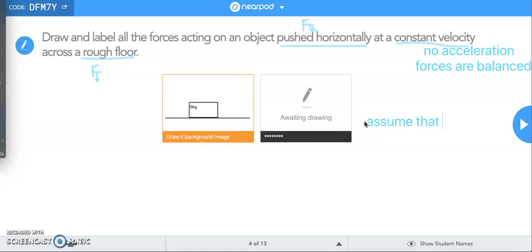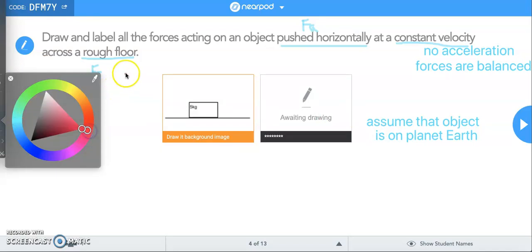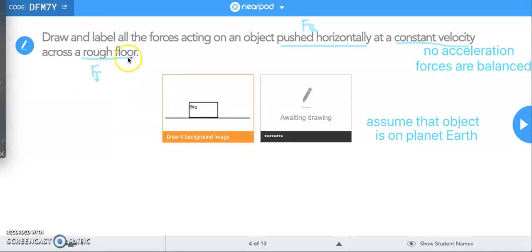Now we can make an assumption that the box or the object is on Earth. And one other thing that we can show from the question is that it is on a floor. And because it is on a floor, we know that there have to be two vertical forces because this is moving horizontally.